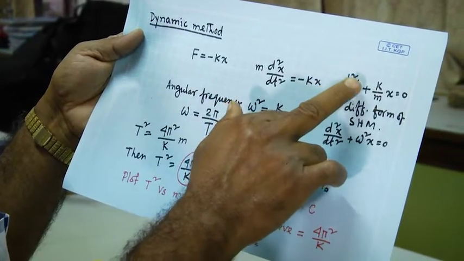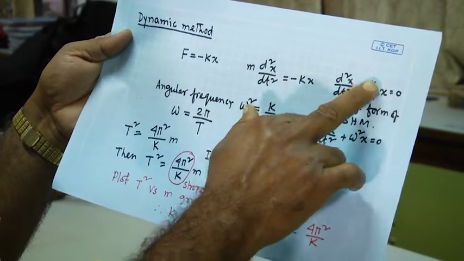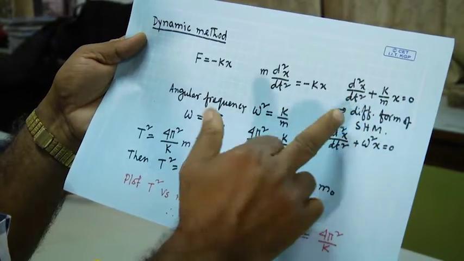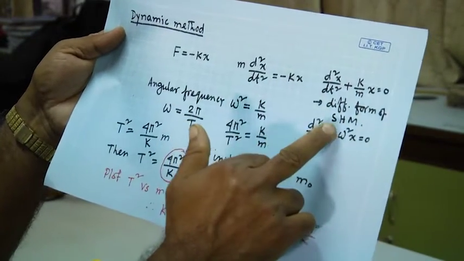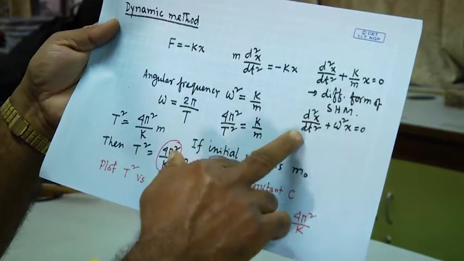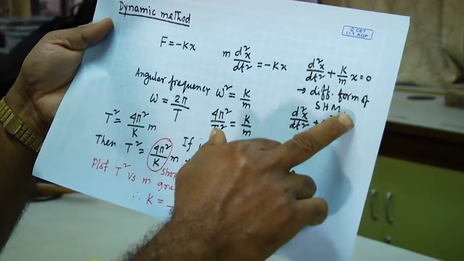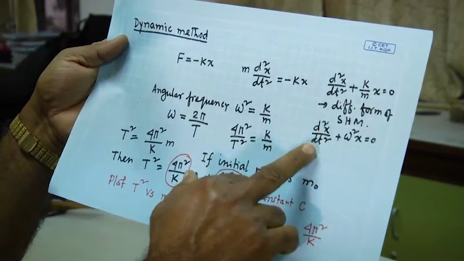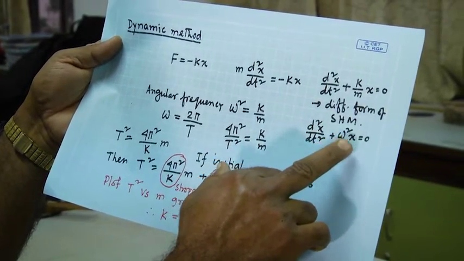So, d2x by dt square plus k by m x equal to 0. This is the differential form of simple harmonic motion.